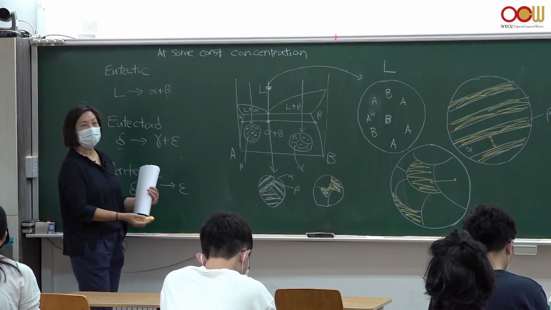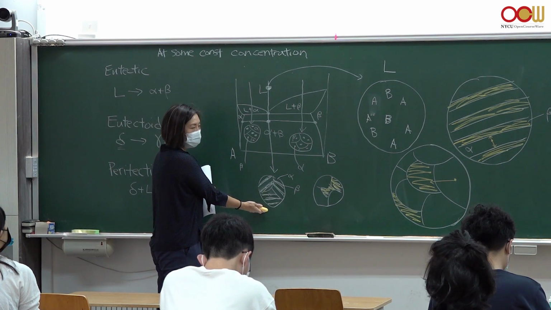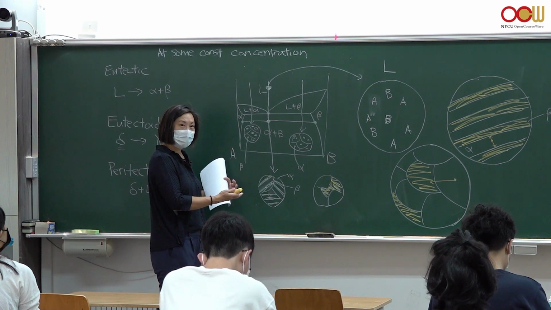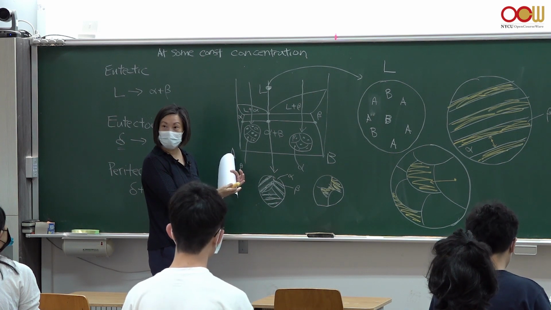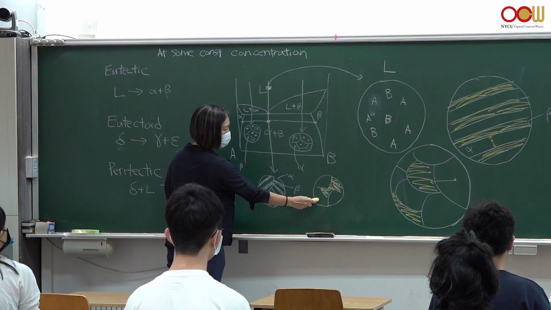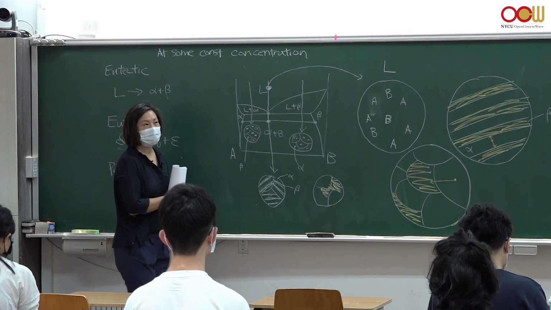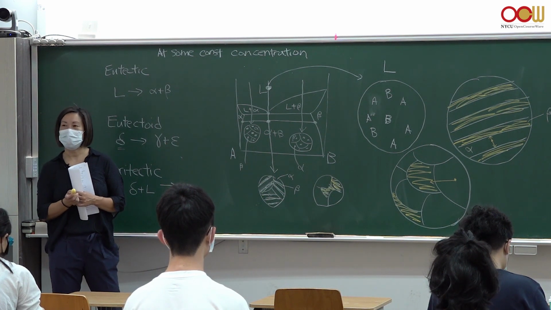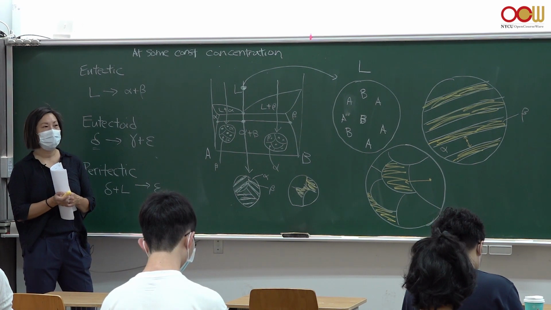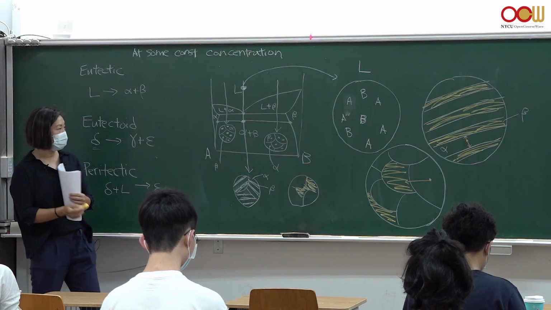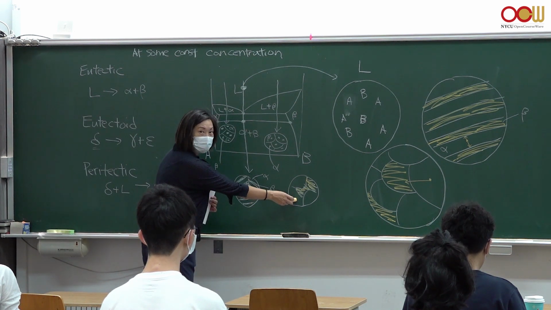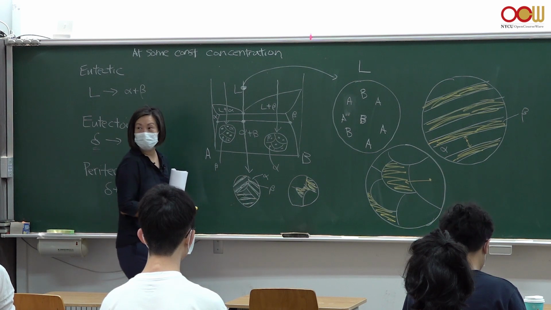So I'm telling you that if you leave something like this for a long time, you give it enough energy for the diffusion to happen, it will eventually end up here, looking more like that. So why would that be? What is the driving force here? So this has fewer grain boundaries than this.